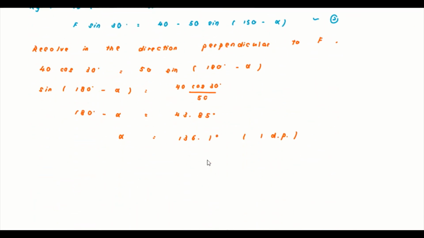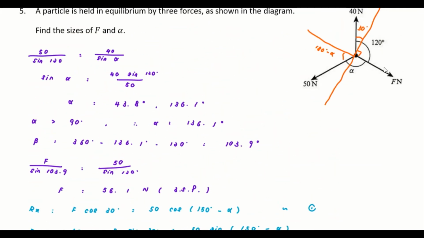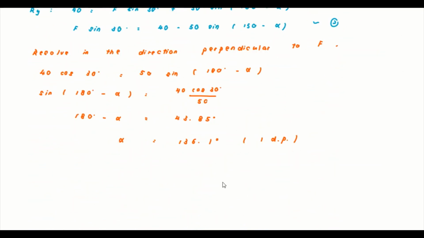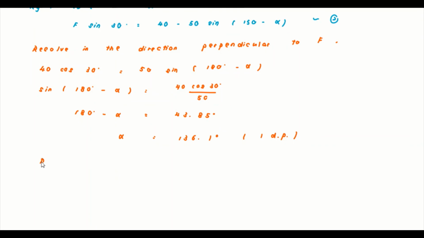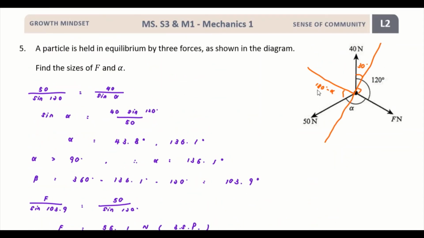The last one is the F. So now for F, we need to resolve the other side, which means resolving in the direction of F. So F will be equal to, so move towards the other side, 50 cos, the answer we got just now.